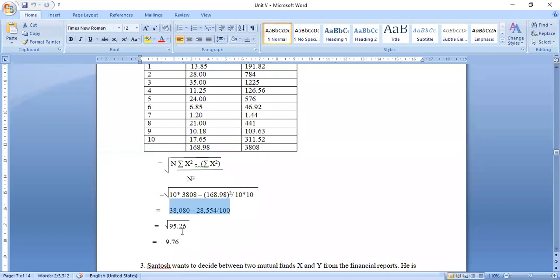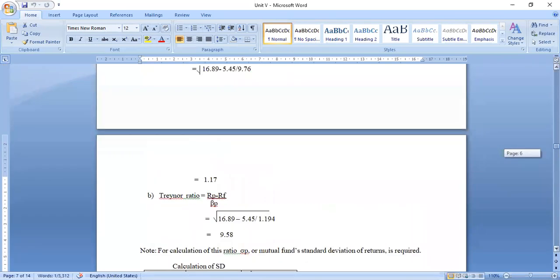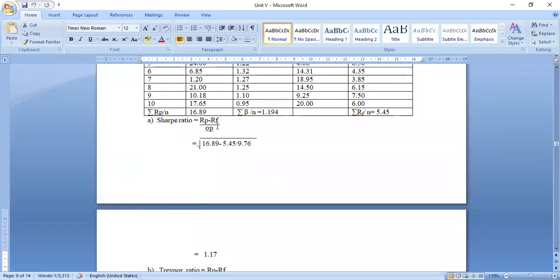Once you square root it, you will get the standard deviation as 9.76. This 9.76 we are going to use for the calculation of Sharpe ratio, because here we need the standard deviation of the portfolio, which includes systematic risk and unsystematic risk.